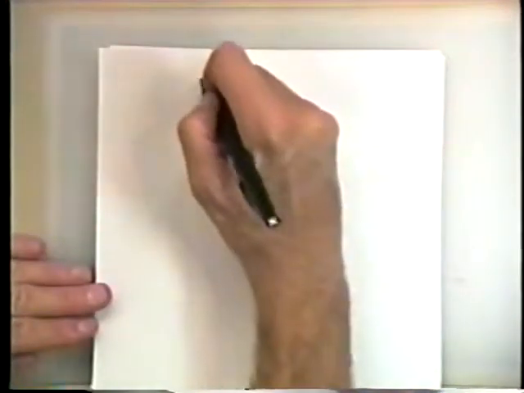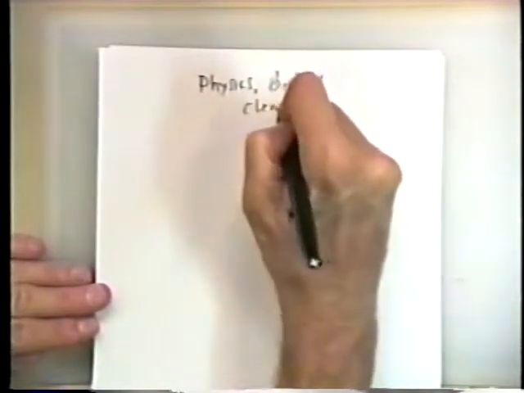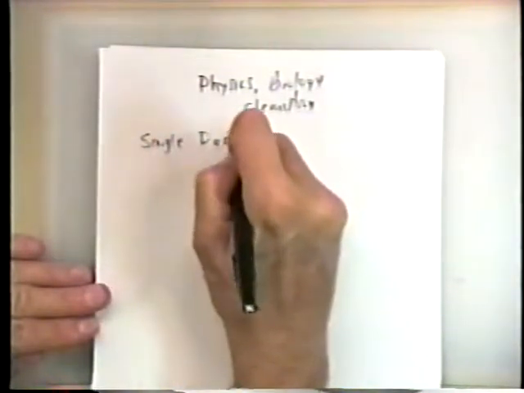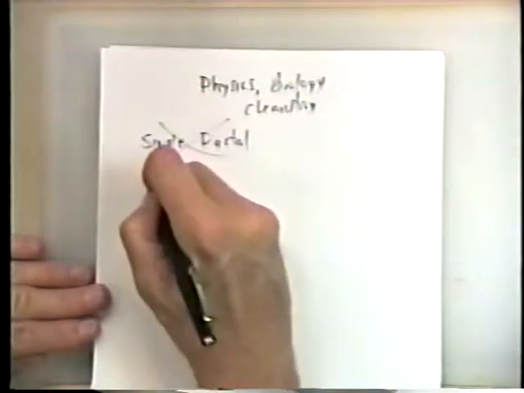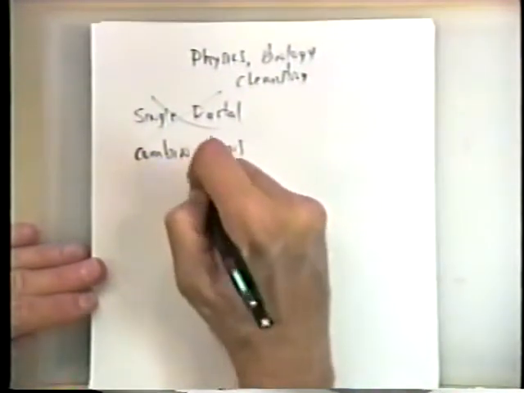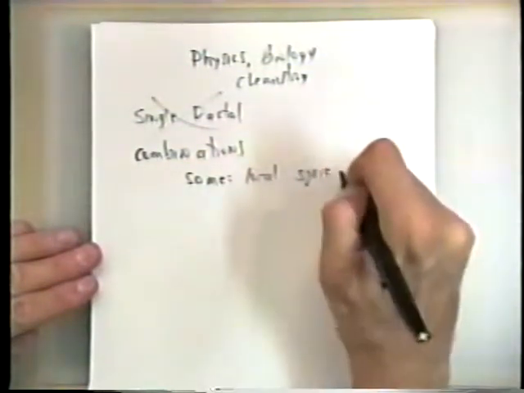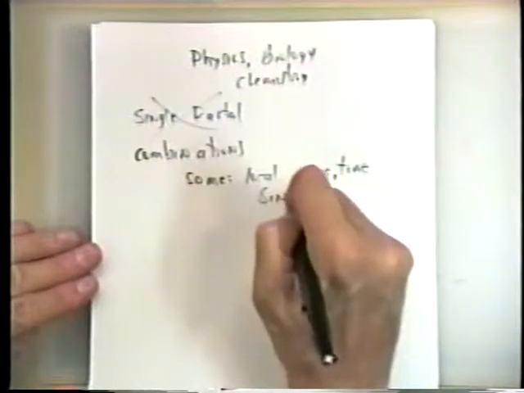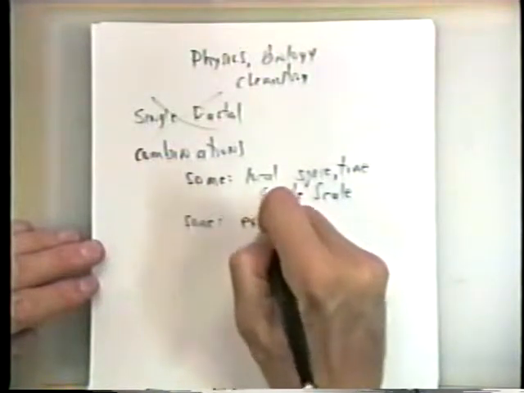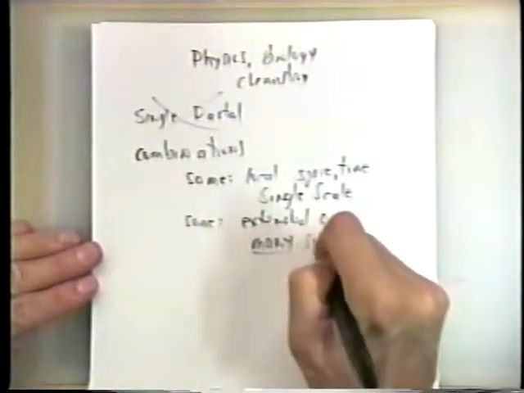So that in many areas in physics and in biology and chemistry, it's not that we have a single fractal, for example, but we typically have combinations of processes, some of which are local in space or time, meaning they have a single scale, and some extend over many spatial or temporal scales.